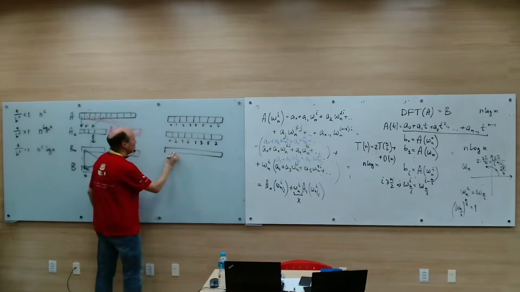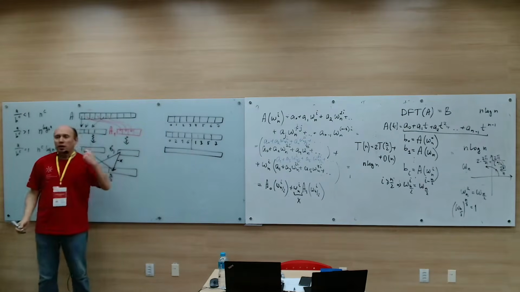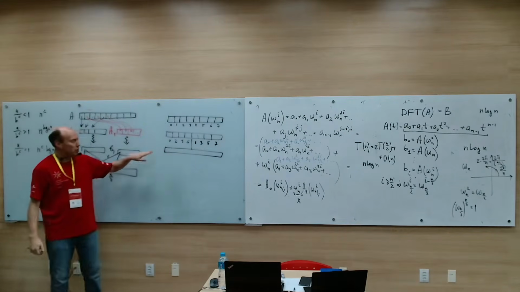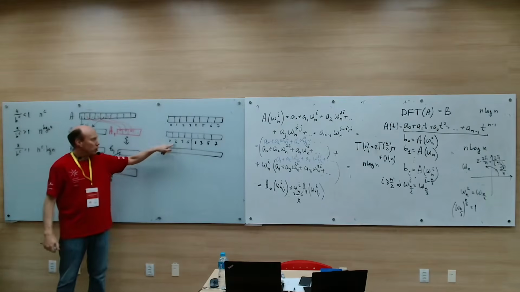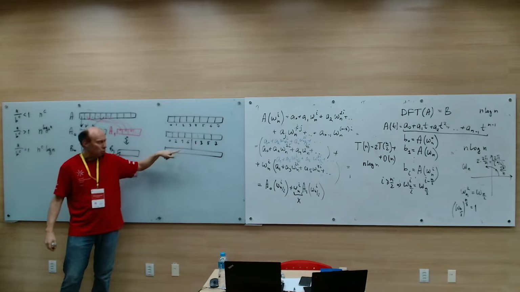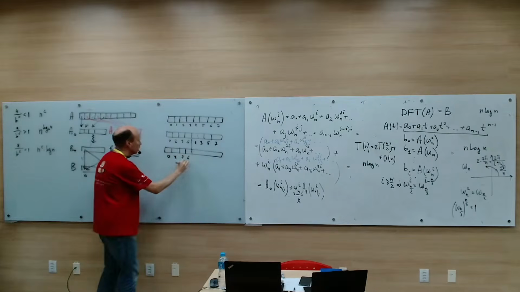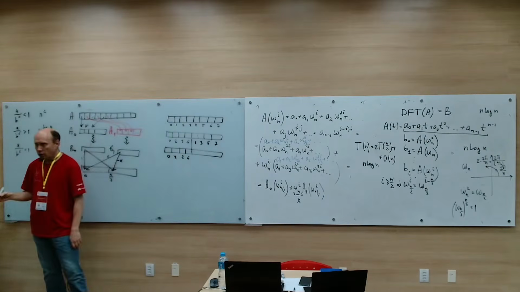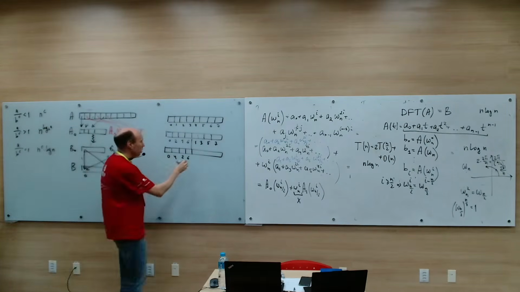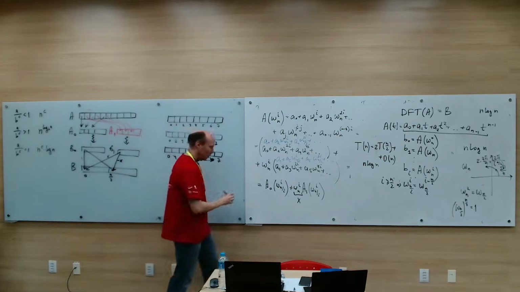Okay, let's go deeper into the recursion. The first part, when it goes down, has new indices, which are these divided by 2. So it's 0, 1, 2, 3. And again, the even ones go to the first part, 0, 4, and the odd ones go there, 2, 6. And again here it is the same, 1, 5, 3, 7.